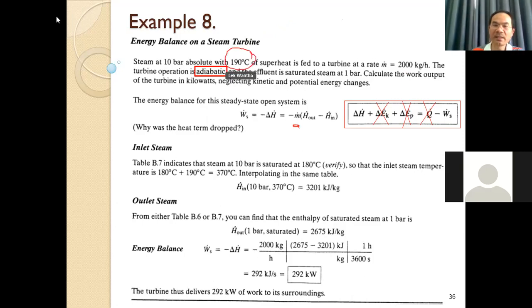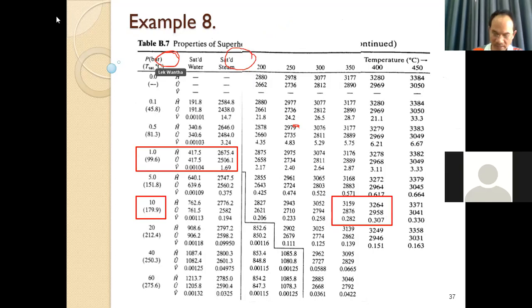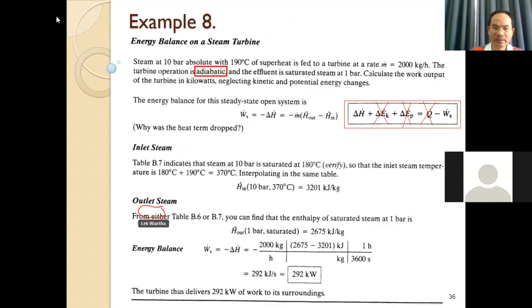The inlet is superheated, so you have to find the saturation temperature at 10 bar. At 10 bar, the saturation temperature is about 180. The inlet temperature should be 180 plus the superheat of 190.